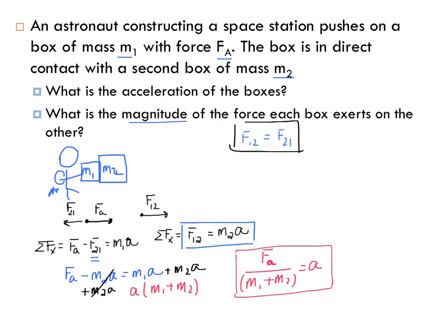So I can go back to my first equation and say that force 1,2, which is equal to force 2,1, is equal to mass 2 times, and here I'm doing substitution for my acceleration that I just solved for, force applied divided by mass 1 plus mass 2. And again, this is the magnitude of the force acting on both objects, again, because of Newton's third law.